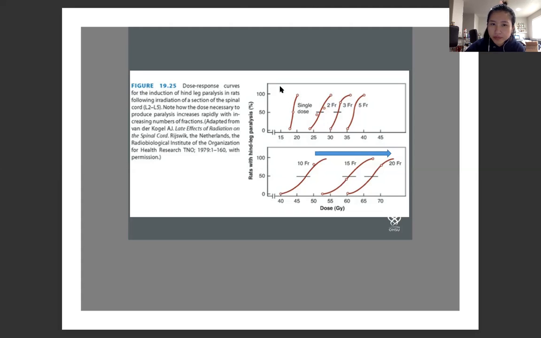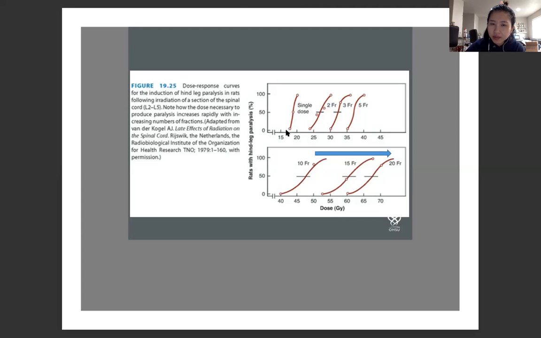On the y-axis, we have rats with hind leg paralysis percent. On the x-axis, we have dose, with gray as the unit of dose. So for a single dose, we can see it is traumatic. This is tremendously going to cause rats to be paralyzed.